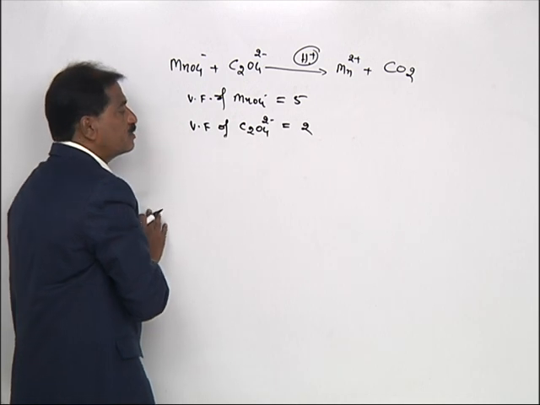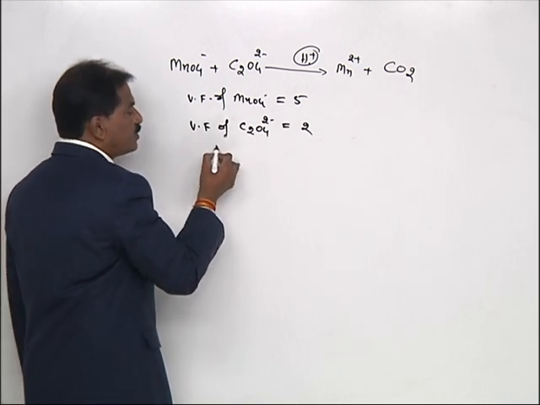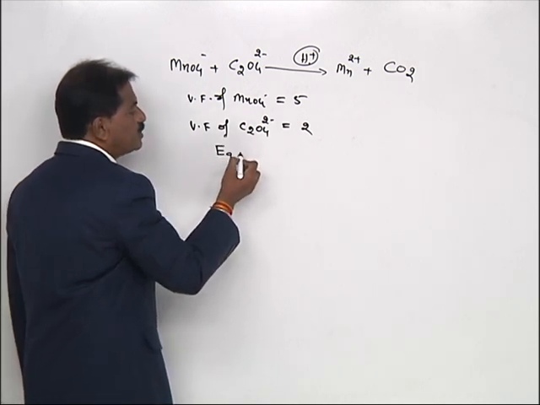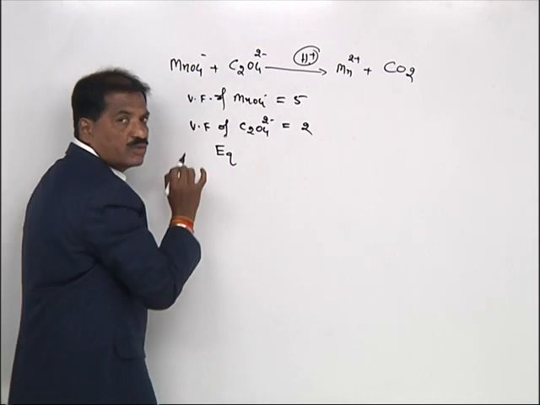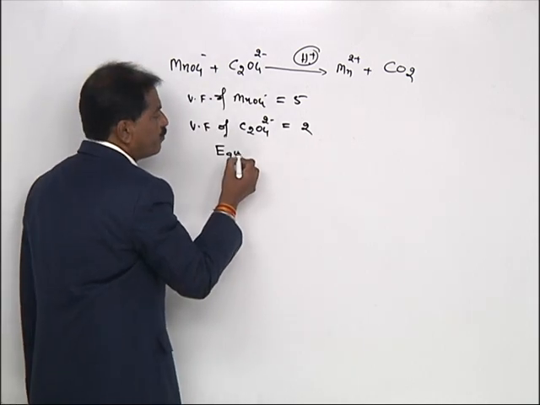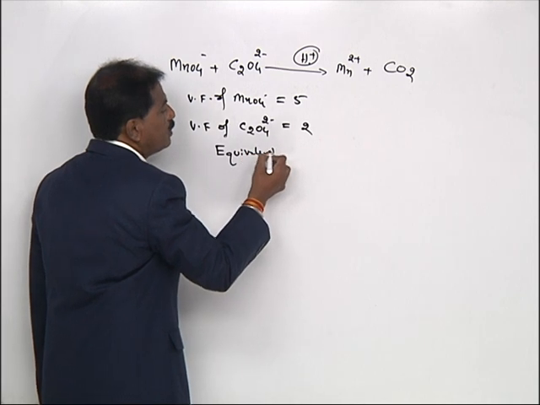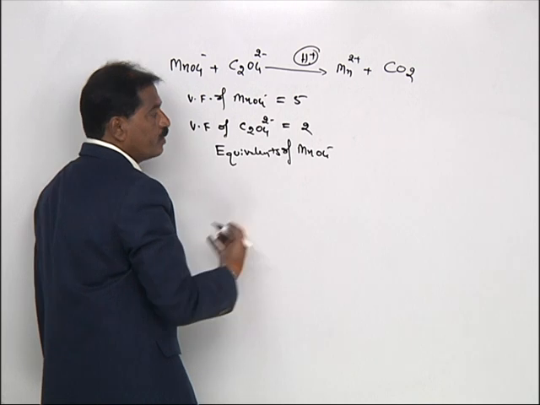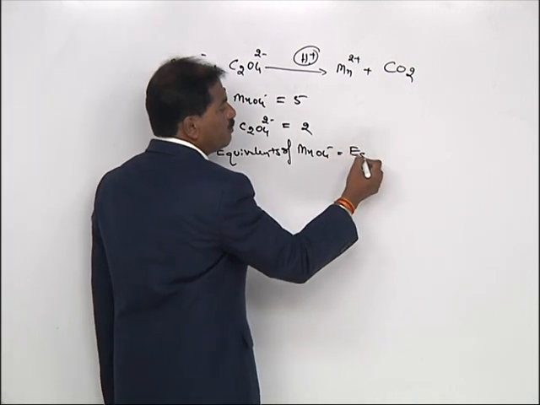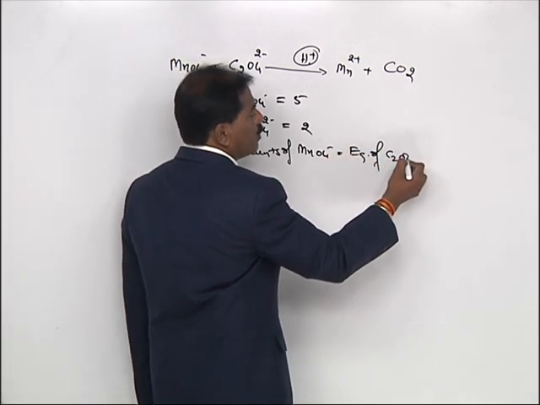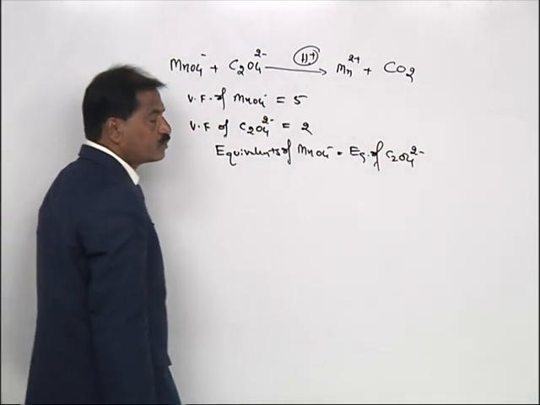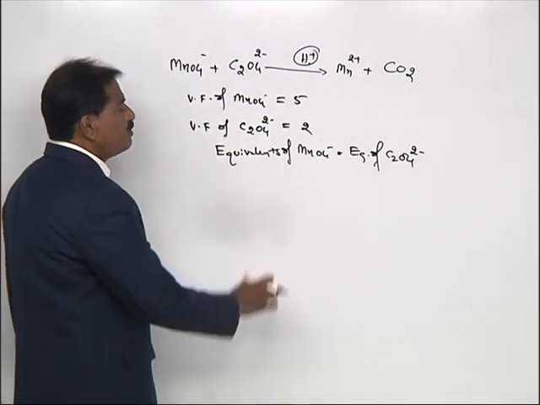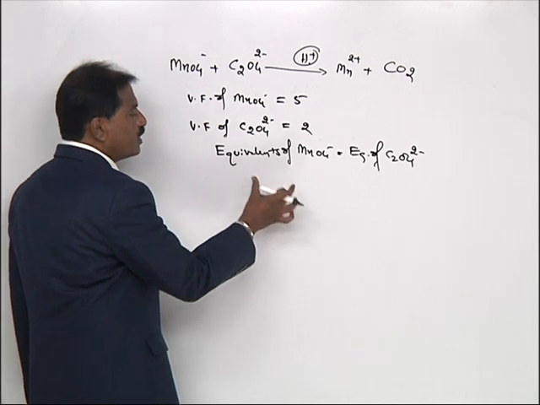Next, in every redox reaction, the equivalence of the first reactant is always equal to the equivalence of the second reactant. Therefore, equivalence of MnO4 minus is equal to equivalence of oxalate. For equivalence we can use any suitable formula.